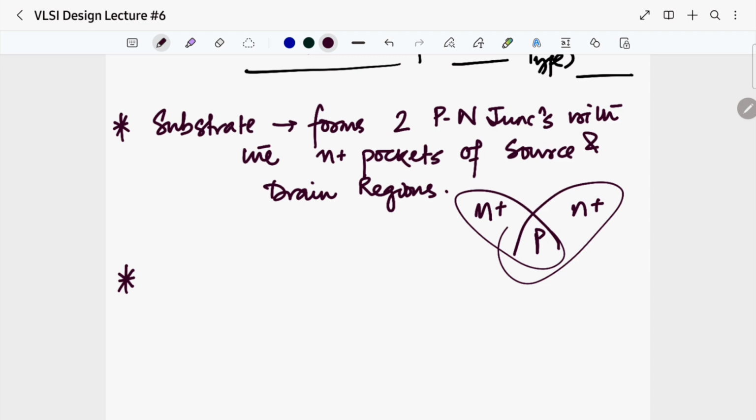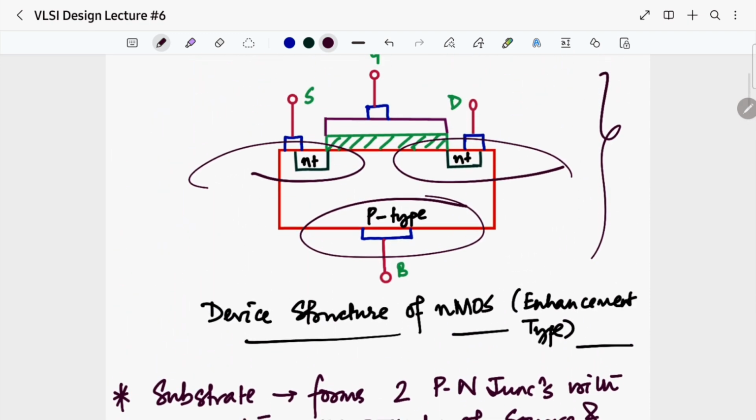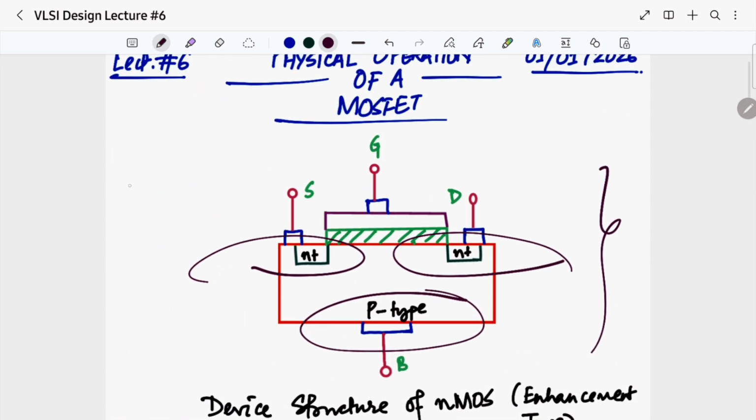Second observation is that, see, whenever you will see an actual MOSFET that you will use in your breadboard, if you are in third sem or in the analog lab, this is how the MOSFET will look like.